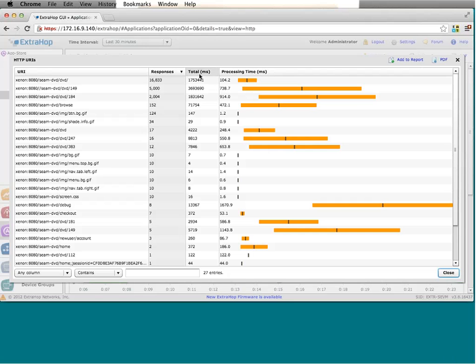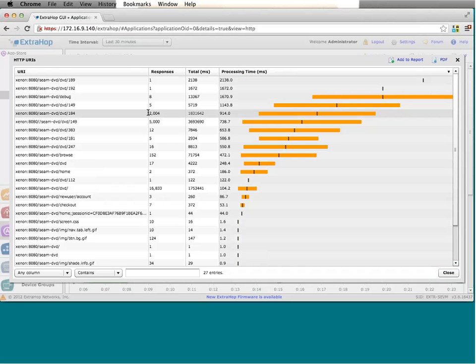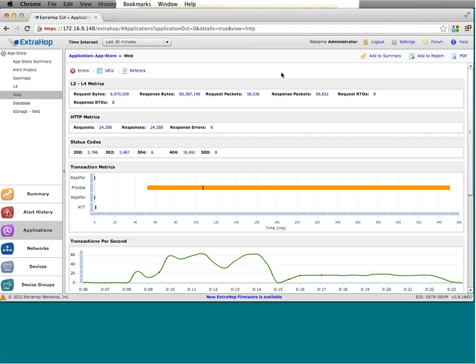And then we combine those two for a total. So which pages are both popular and fast or slow. So if I want to find out where my slow transactions are, I sort by processing time, and there I have it. I found my slow stuff very quickly. And this applies to sort of every tier that we measure.